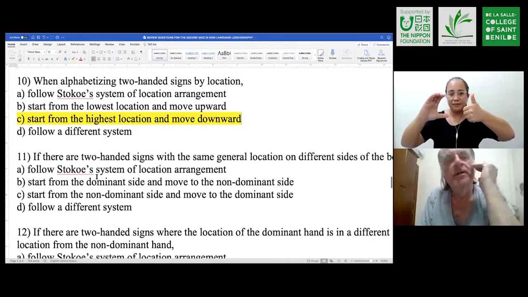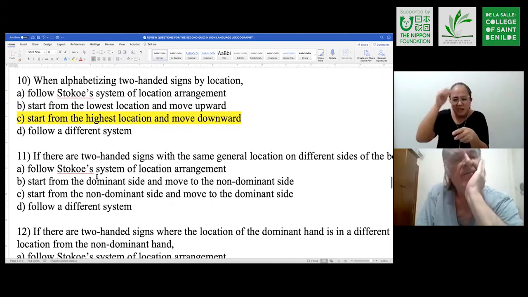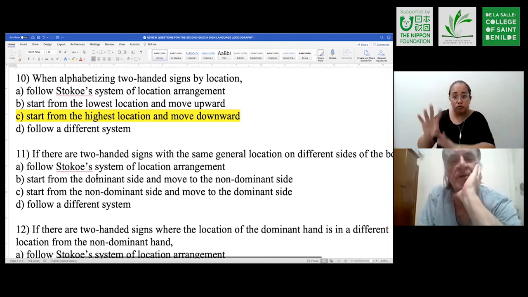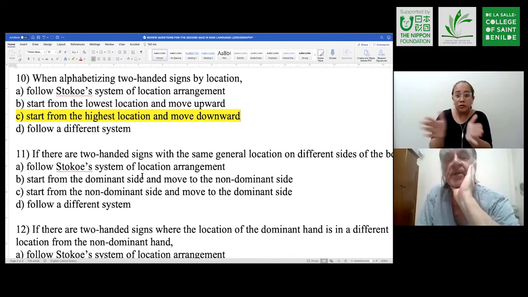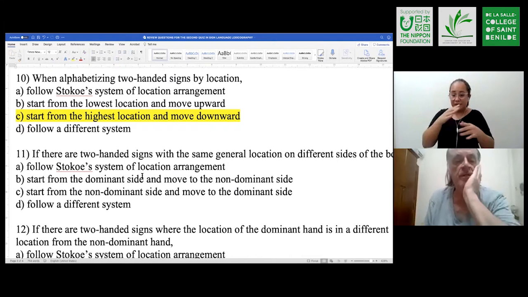So we talked about the next one briefly. I don't know if you remember, but if there are two-handed signs with the same general location on different sides of the body, you follow Stokes' system.